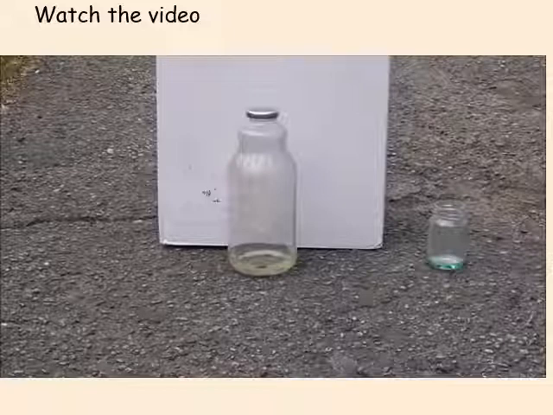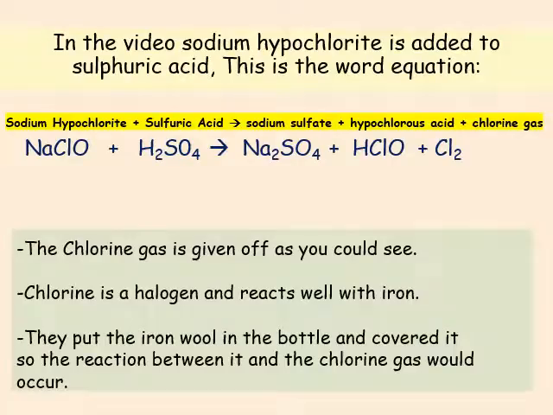It's within the PowerPoint, and really what it shows is that sodium hypochlorite, which was the liquid, was added to sulfuric acid, and when it reacts, it makes sodium sulfate, hypochlorous acid and chlorine gas.